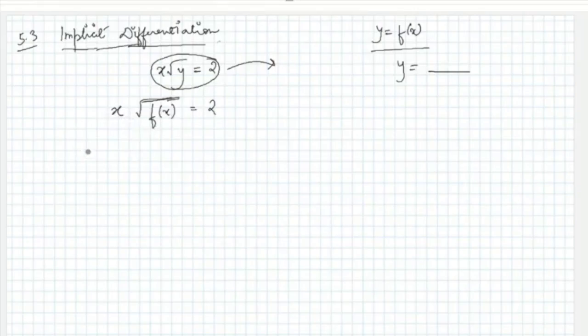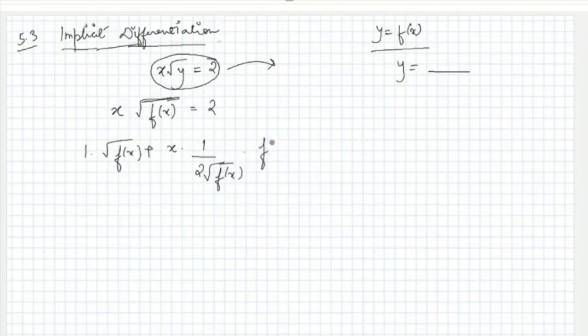So I'm taking the derivative of the first term, 1 into under root f of x, plus for the second term I'm taking the derivative of this one, which will be x into 1 by 2 root f of x into f prime x. Derivative of the constant will be equal to 0.